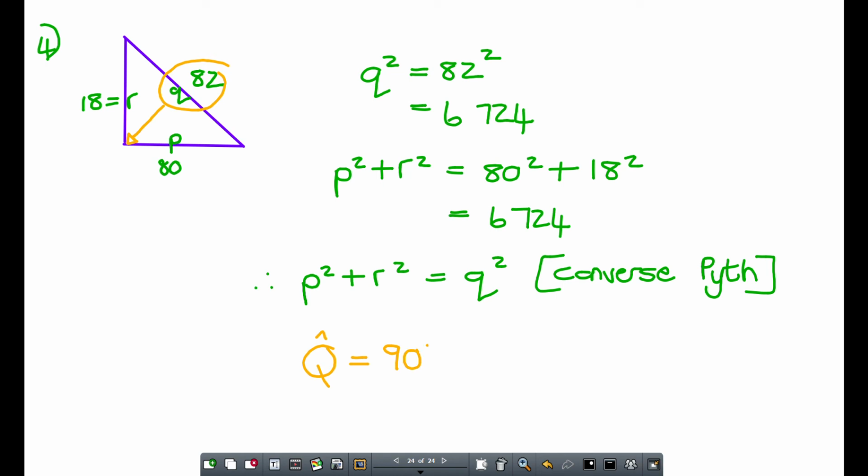If they say small p, they will just keep the small letter p, right? Yeah. So because that was small q, it means this will be capital Q. Because that was small p, it means that will be big P. And small r, so capital R. Okay. Any questions so far?